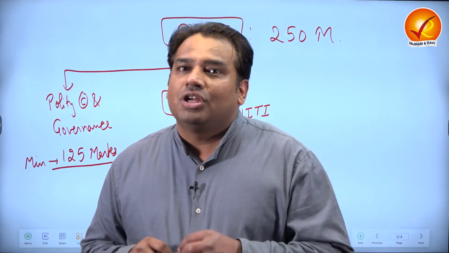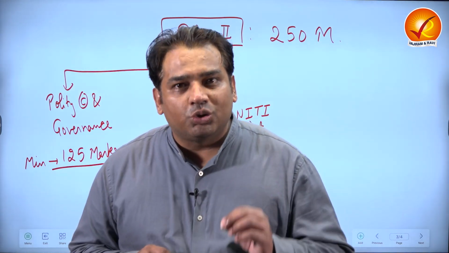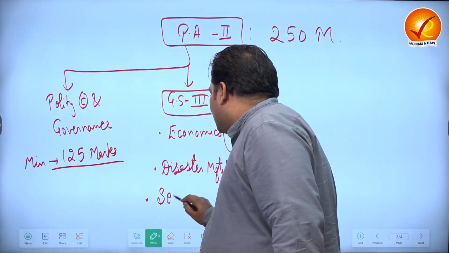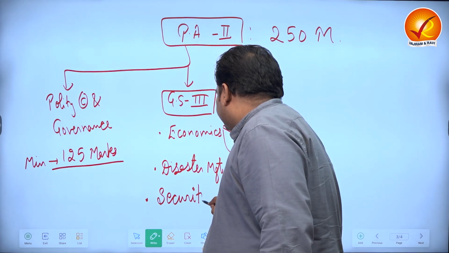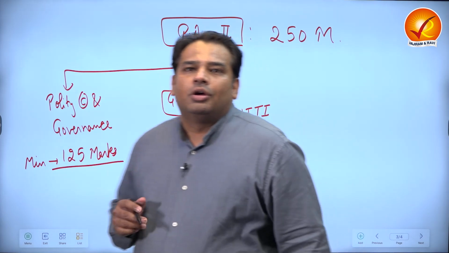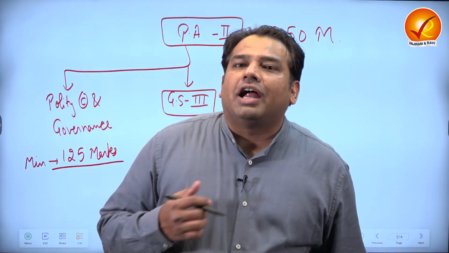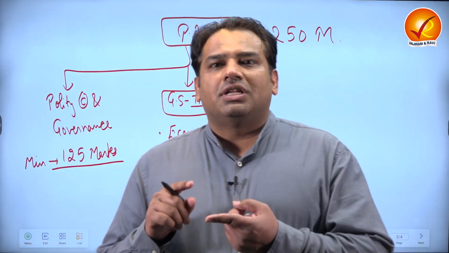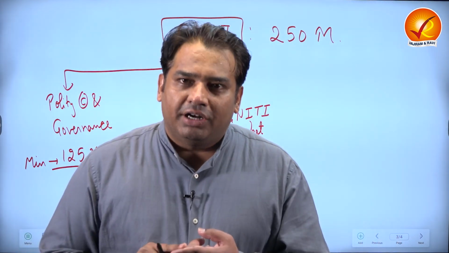And the same paper 2 will also help for the topic called security issues. We have a unit called Law and Order Administration. In this Law and Order Administration, what is the role of the central forces, paramilitary forces?